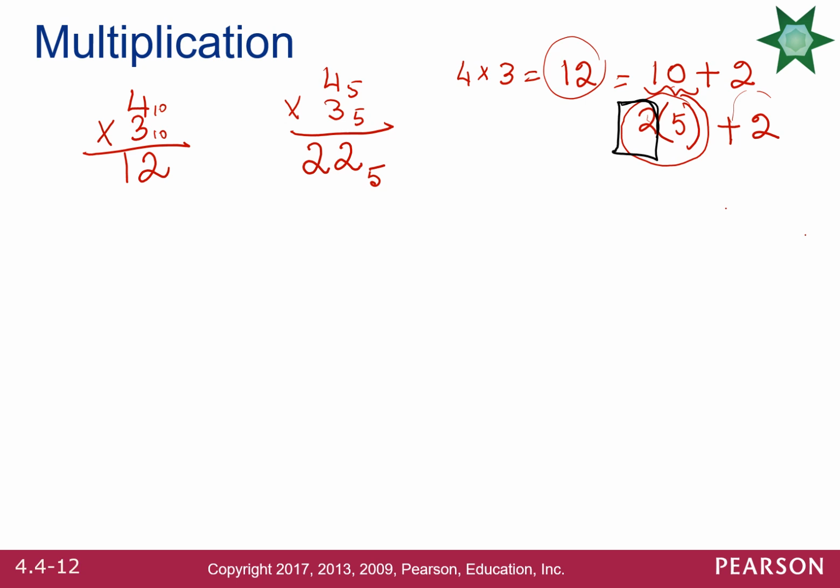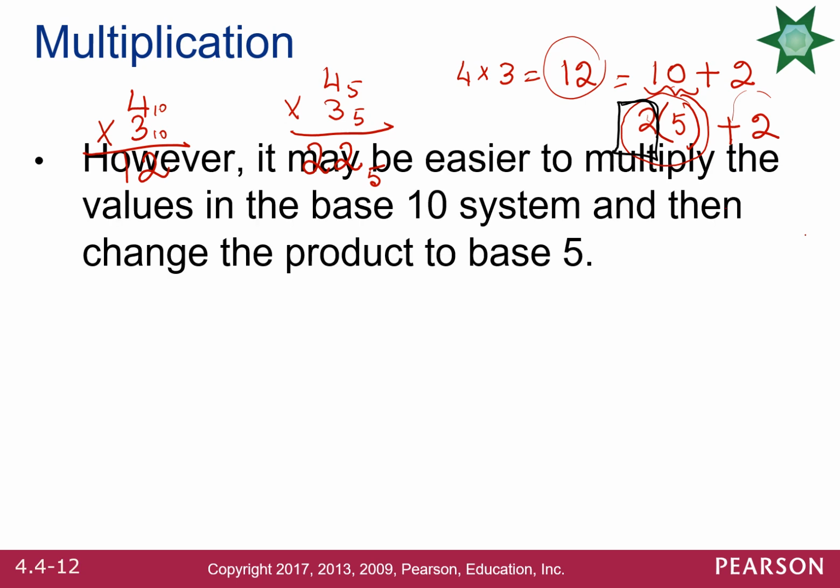So let's look at the solution that they have provided to us. It says that it may be easier to multiply the values in the base 10 system. So that's what we did here. We first multiplied as if we were multiplying decimal values, and then changed the product to base 5. All right, we first multiplied them as decimals, got the value of 12, and then we changed the product to base 5.